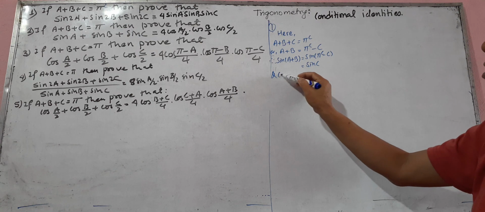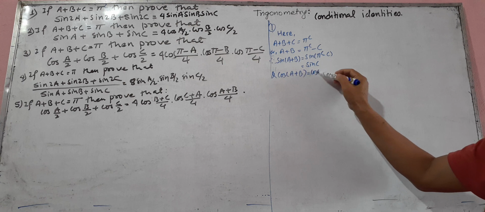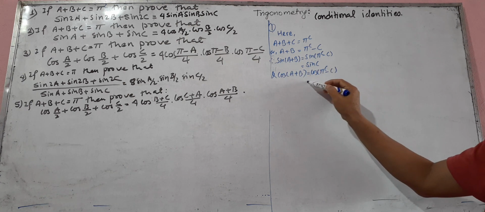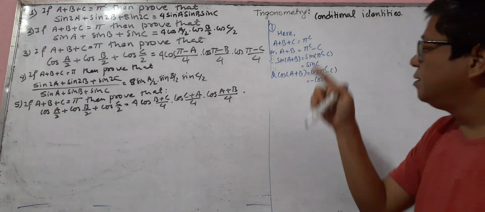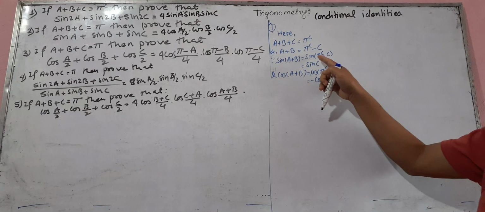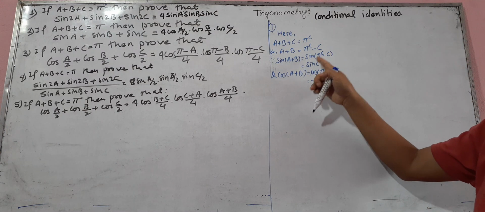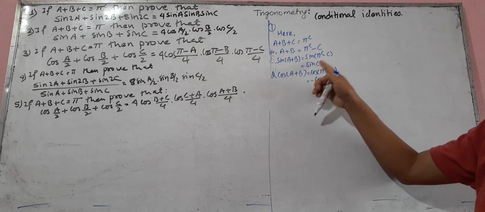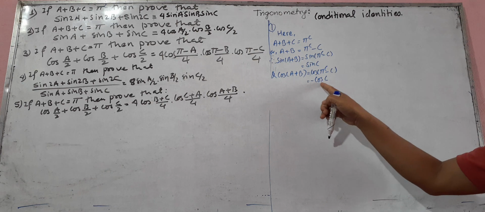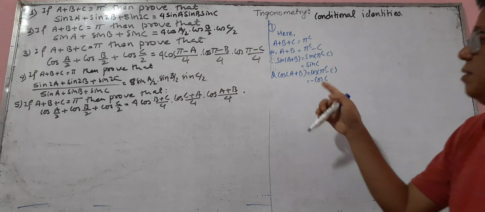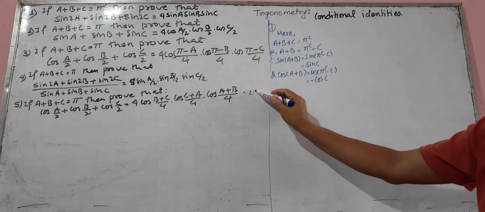Similarly, taking cos on both sides, we get cos of pi radian minus c equals minus cos c. This is the formula of ratios of 180 plus or minus theta. That is, with 180 the ratio remains the same. In the second quadrant sine is positive, but cos is negative, so we write minus cos c. So now we start the left hand side.